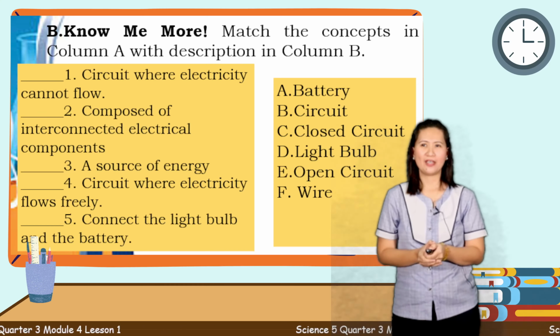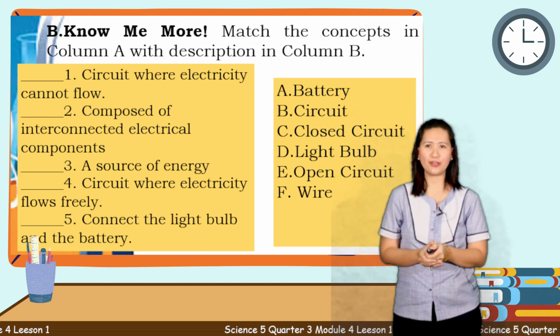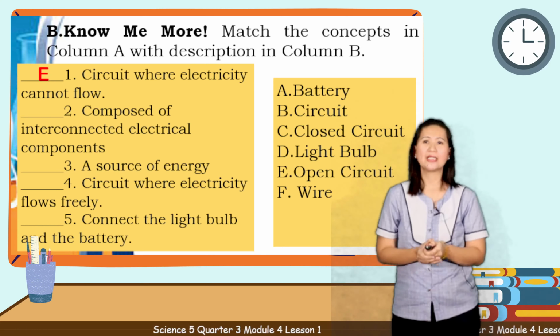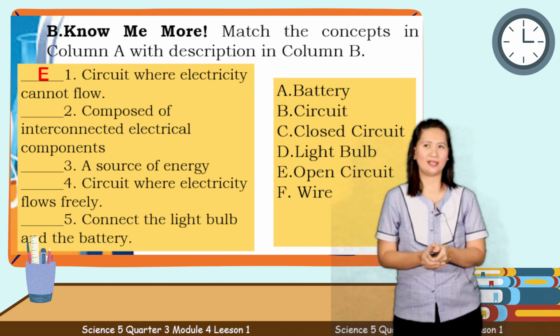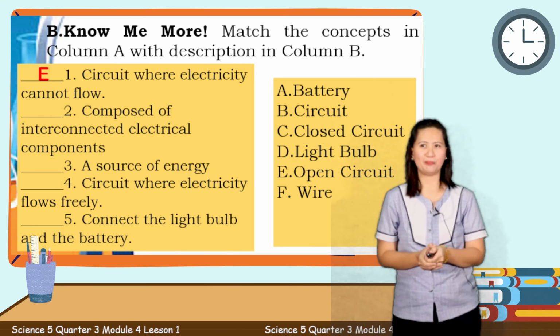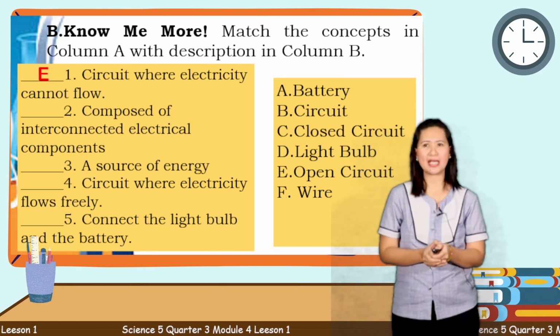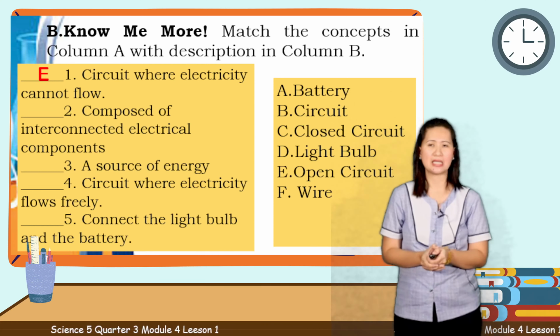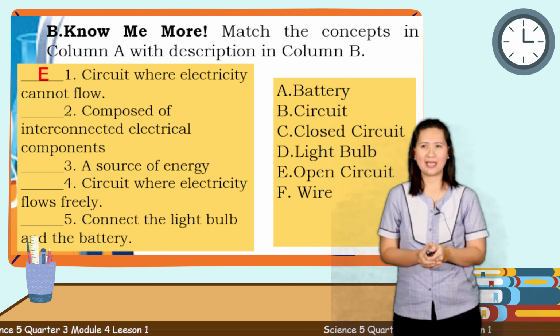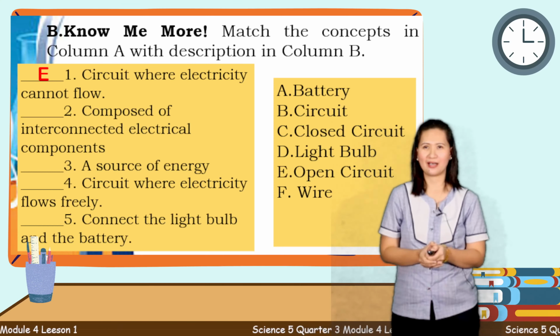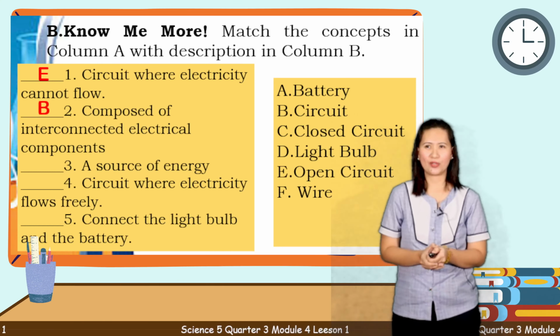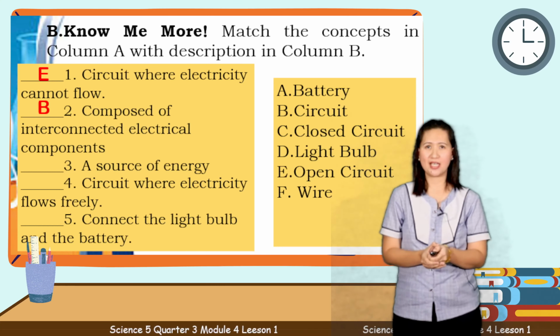So, if the electricity does not flow, it is called open circuit. It is letter E. Number 2, composed of interconnected electrical components. So, what is the answer? Okay, we have letter B. It is circuit.